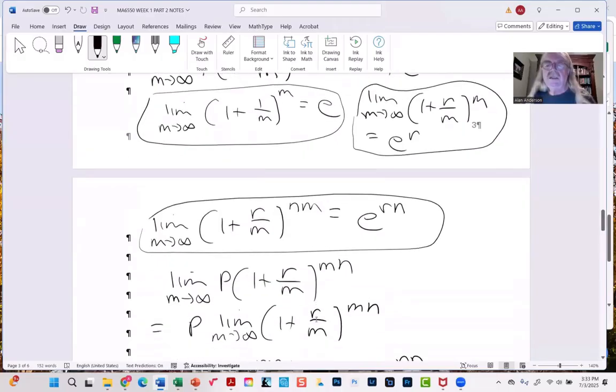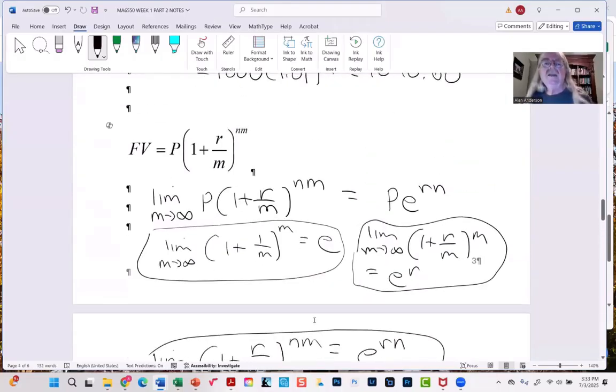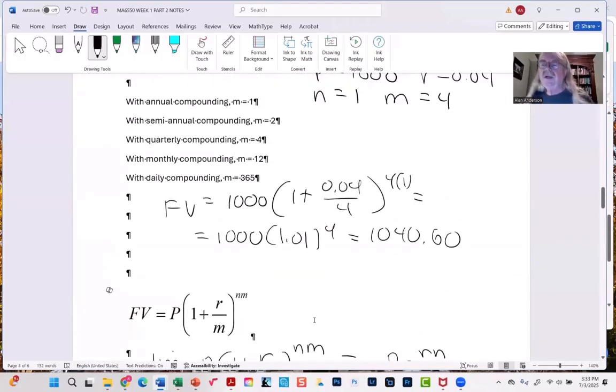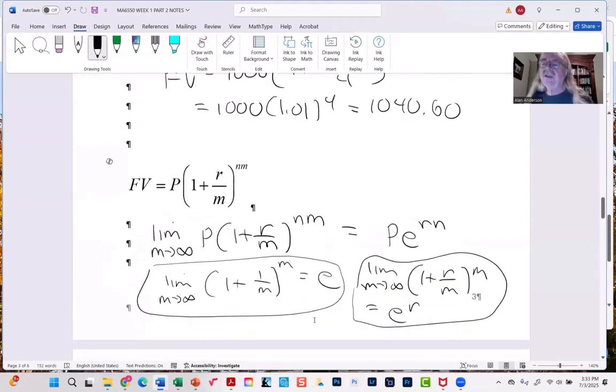All right. So in the limit, if the compounding frequency approaches infinity, then the future value is very easy to calculate.